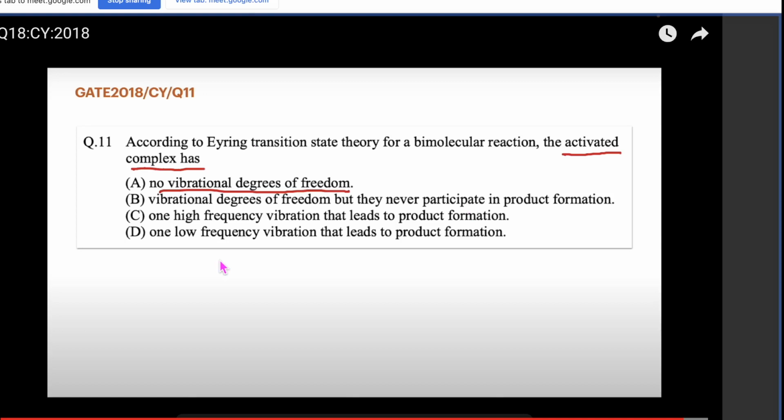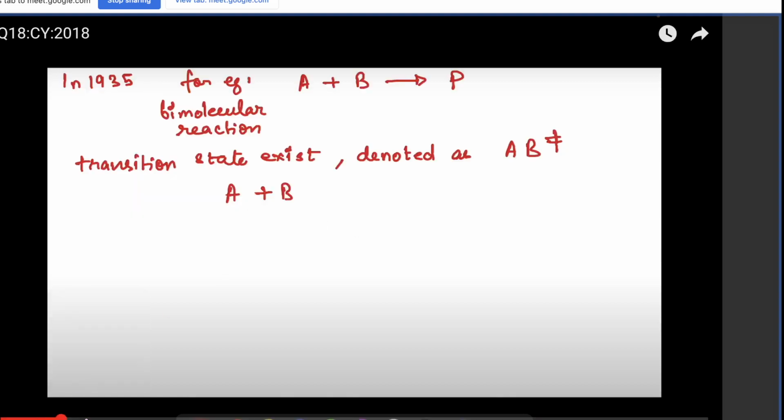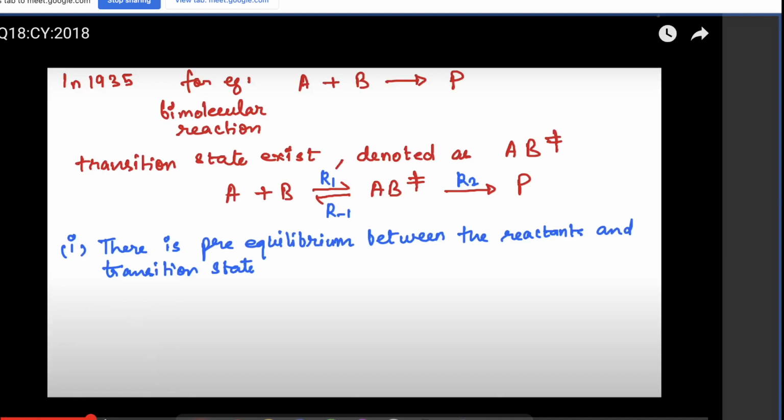So the concept behind the Eyring equation is based on transition state theory. For example, in this question we were asked about the bimolecular reaction.